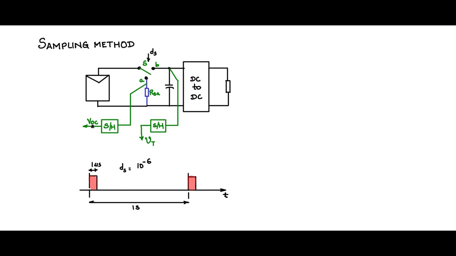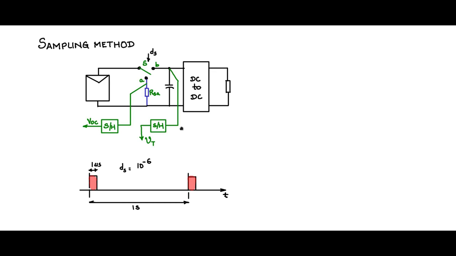So we will get the value of VOC, and if you then pass it through an ADC, it can be taken to the digital domain. And because of the presence of this buffer capacitor, during this very small duration when S is not connected to B, the buffer capacitor will supply the load.